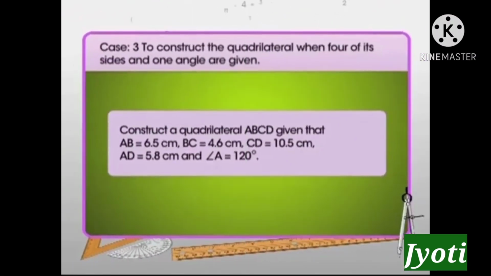Construct the quadrilateral when 4 of its sides and 1 angle are given. Construct the quadrilateral ABCD given that AB is equal to 6.5 centimeters, BC is equal to 4.6 centimeters, CD is equal to 10.5 centimeters, AD is equal to 5.8 centimeters, and angle A is equal to 120 degrees.